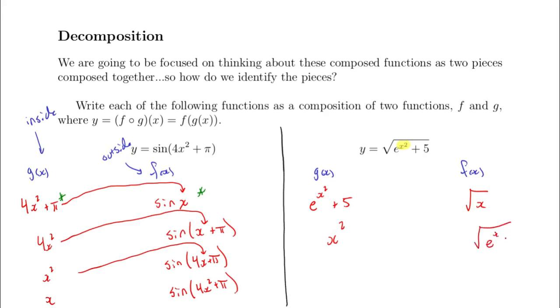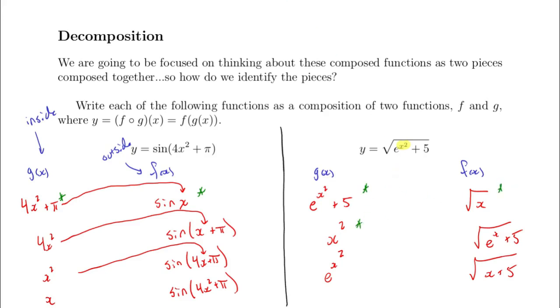And this would be composed inside of e to the x plus 5. These are the two that I see a lot, and then this one comes next, where we can again do a little shift on the inside of that square root function and compose in our e to the x squared. This one we don't have one dominating option.